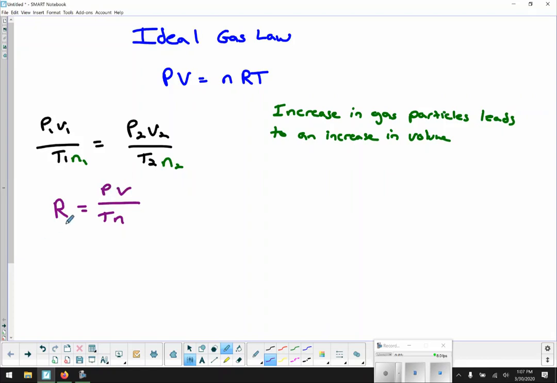So again, PV equals nRT, where P equals pressure, and this will be in kPa or atm. We're not going to deal with torr or millimeters of mercury for ideal gas law problems because I don't want you to look up a bunch of different R values.